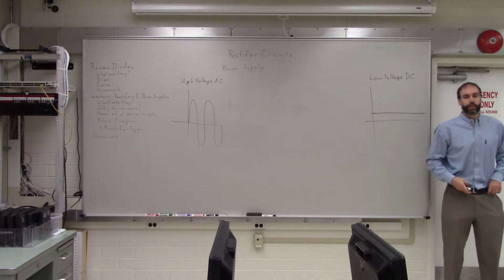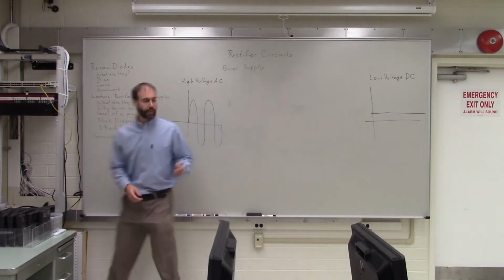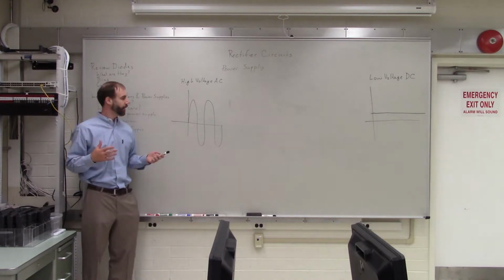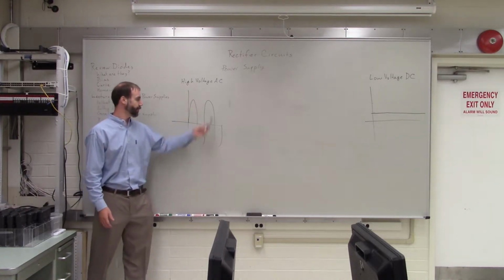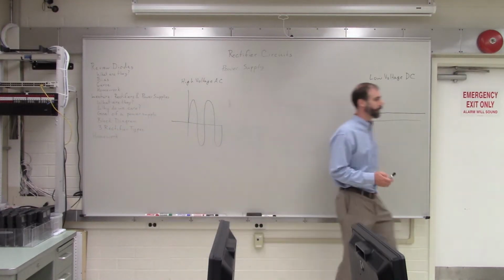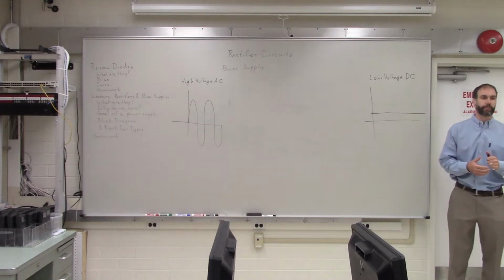The reason that we do this is because power in the wall is transmitted as high voltage AC. So when we get the power, we get it as high voltage AC. But electronics typically require low voltage DC, like 5 volts or 3.3 volts or something like that.